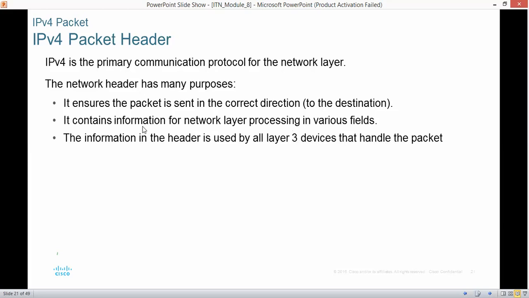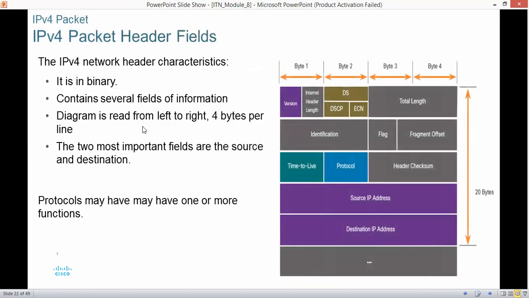So basically, always remember that it sends the information in the right direction. That means it helps to tell which direction it's going, if it's going up the layer, and where the destination is. The IPv4 network header characteristic is that it is in binary.